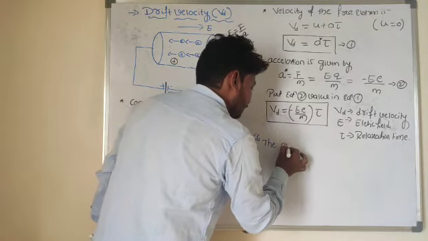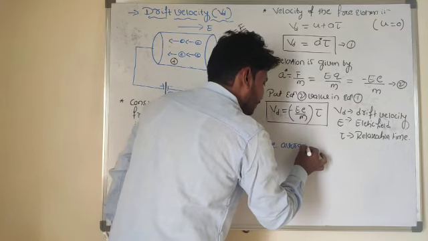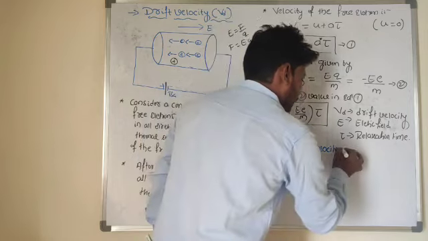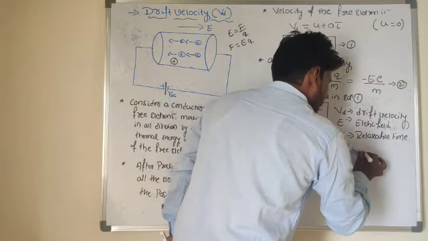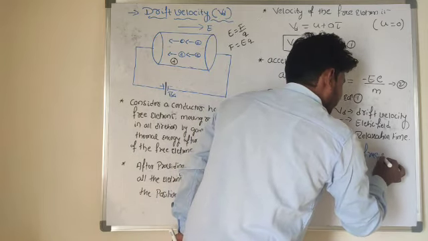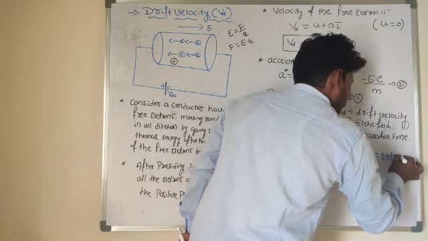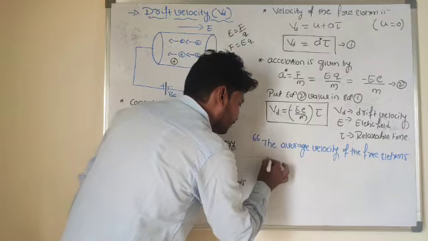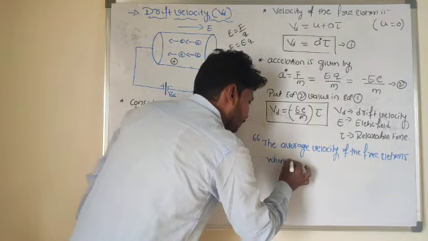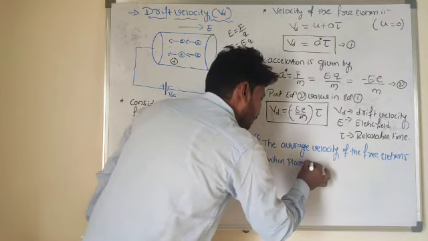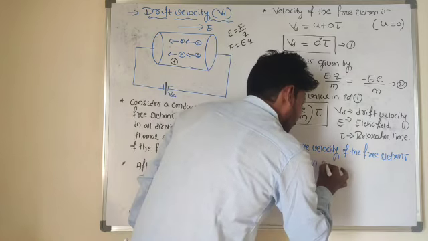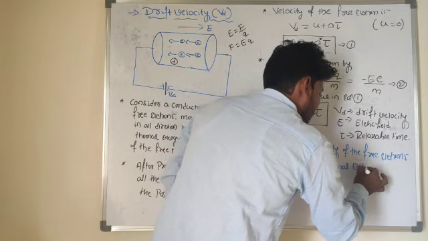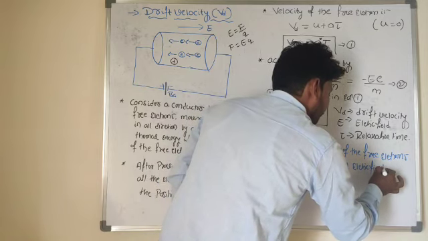The average velocity of the free electrons when placed in external electric field.